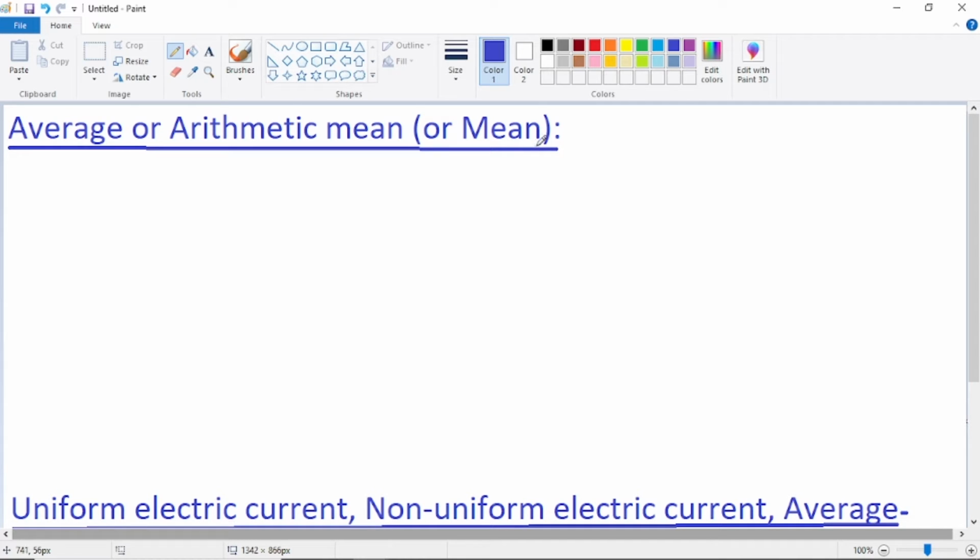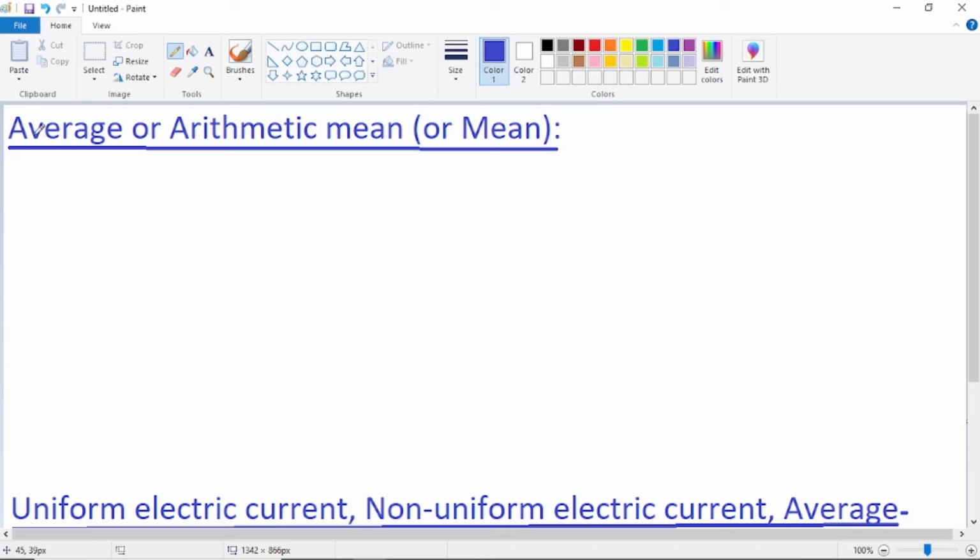Understanding in science and technology mainly depends upon understanding and applying the exact definitions. So the exact definition is very useful for this next topic, which is related to the four definitions of different kinds of electric currents: uniform, non-uniform, average, and instantaneous electric current.